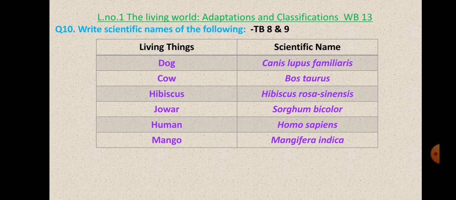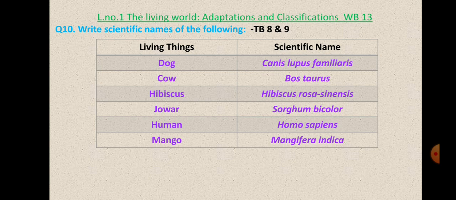So, dog, Canis lupus familiaris. Cow, Bos taurus. Hibiscus rosa sinensis. Jowar, Sorghum bicolor. Human, Homo sapiens, and mango, Mangifera indica. Now these two, the last ones, human and mango, are given on page number 8.